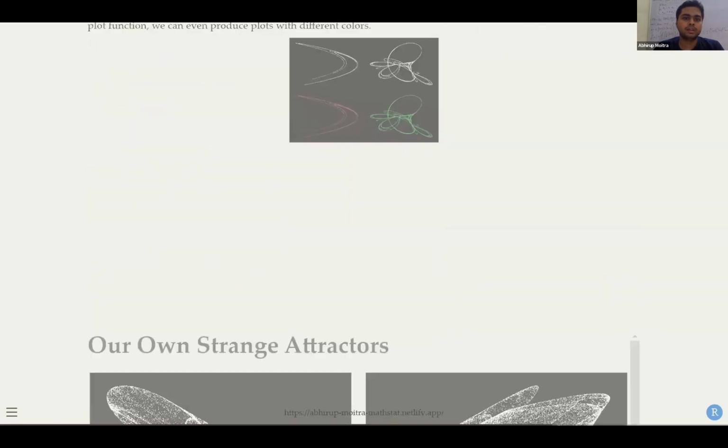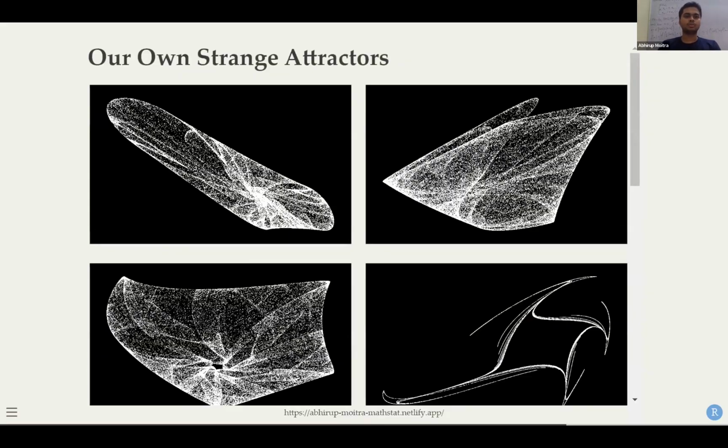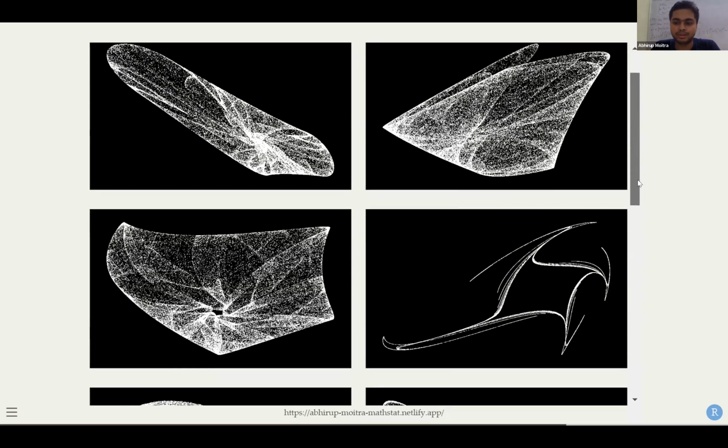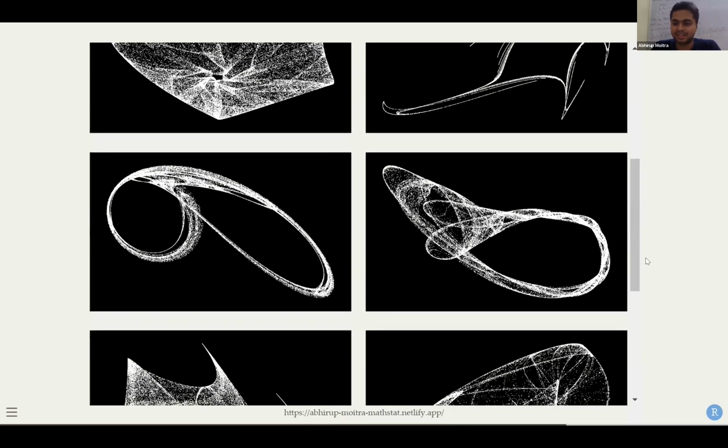These are called hypnotic images. And here come some of our own strange attractors. How did I execute it? I wrote some code, and every time I run that code, I get a whole new set of strange attractors. Some might look a little boring, but if you produce them, maybe they look much better than mine. These patterns are quite fascinating, I believe.